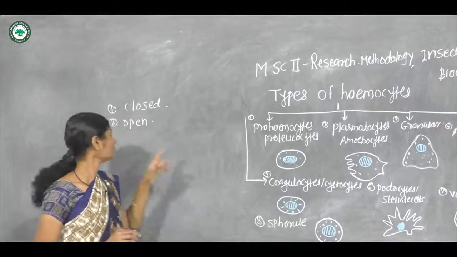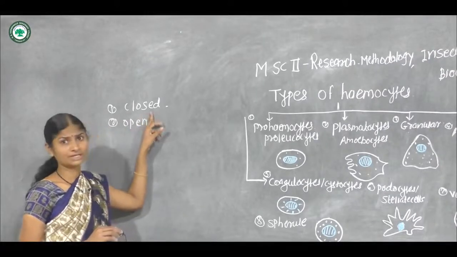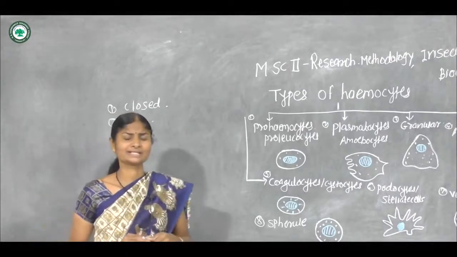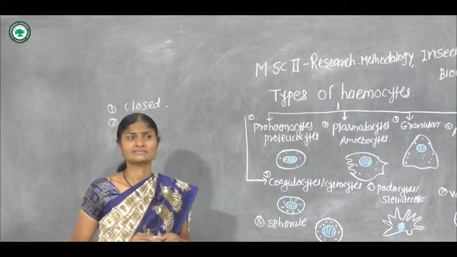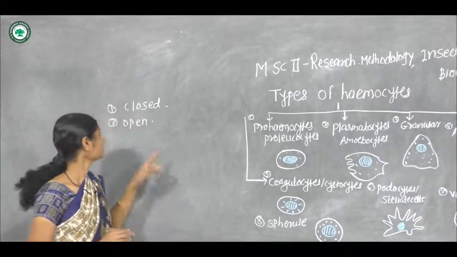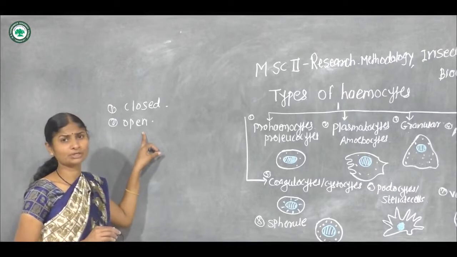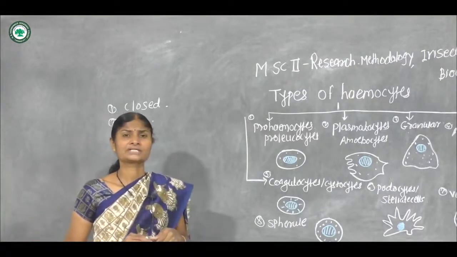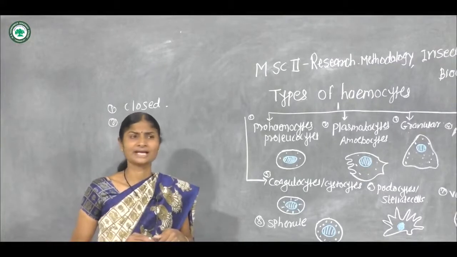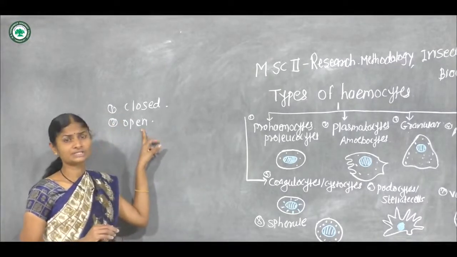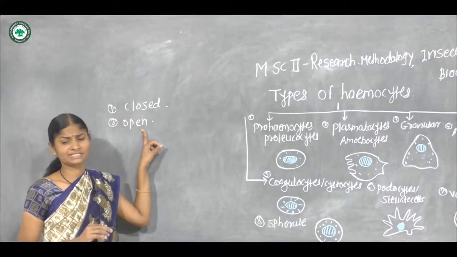The closed type of circulatory system mainly carries nutrients, gases, as well as excretory products, but in the open type of circulatory system only nutrients and excretory products are carried. This open type of circulatory system is present in insects.